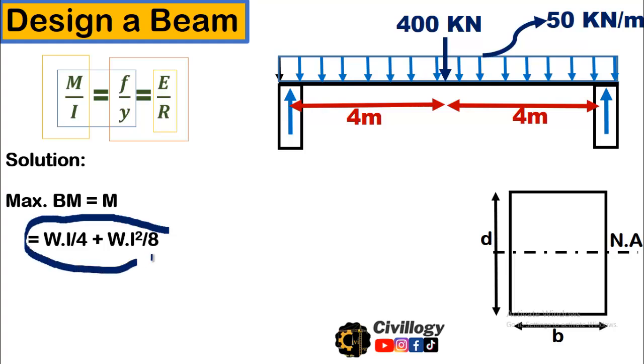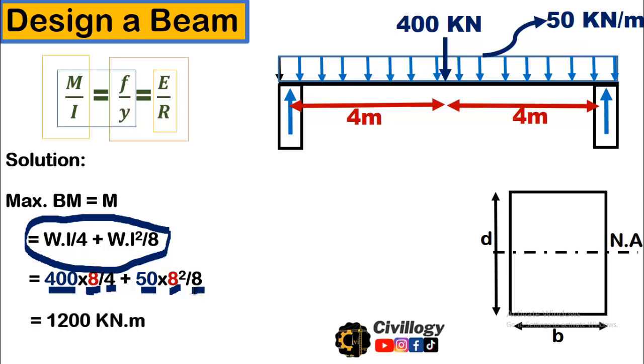By putting values, 400 is point load, the span of the beam is 8 meters, divided by 4. Similarly, 50 is the UDL, 8 is the span, and dividing by 8 is in the formula. We will get maximum bending moment, which is 1200 kilonewton meter.